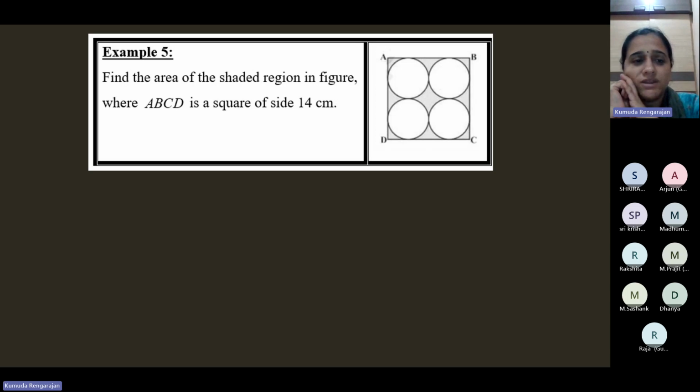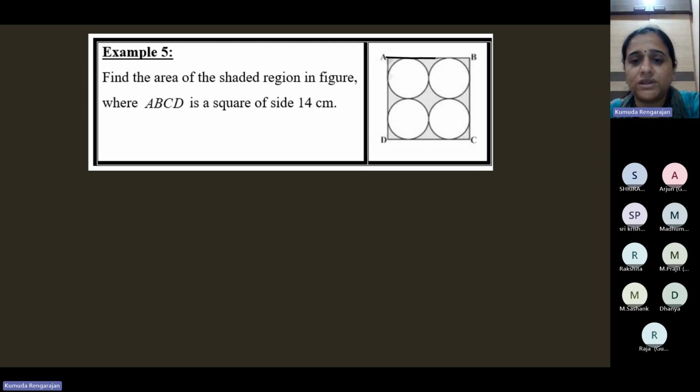So here, read the question and tell me the radius of each circle, children. 14 by 4. What's the diameter of one circle? 7. Okay, so radius 3.5, correct.